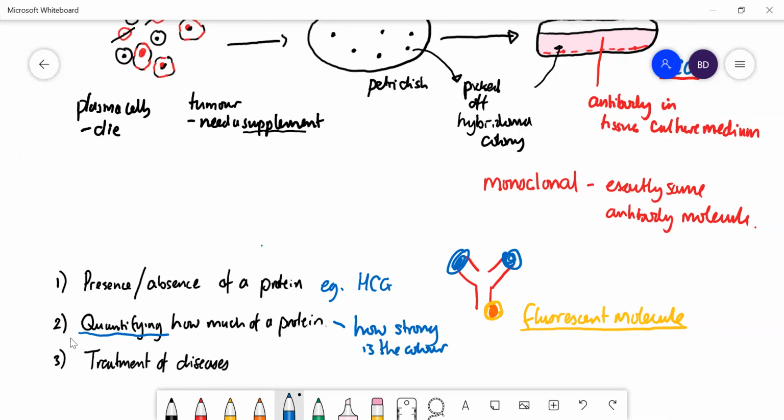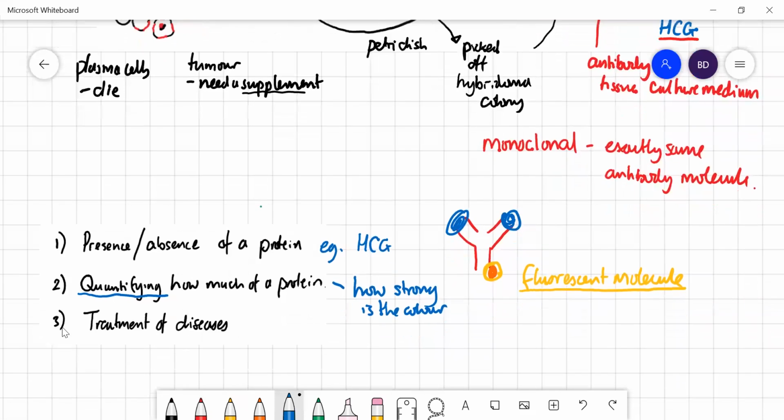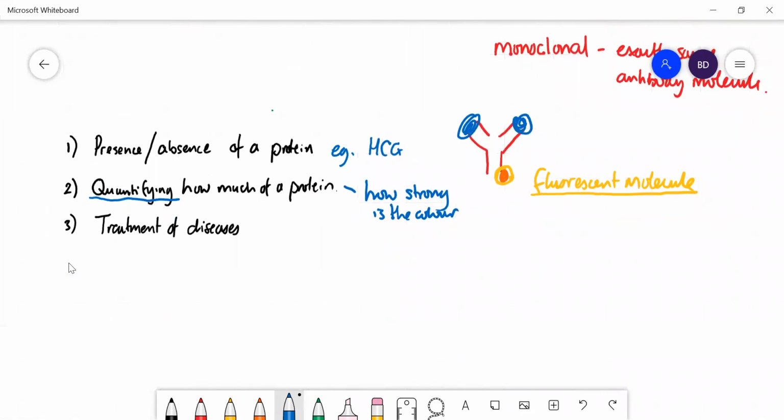Okay, and finally, monoclonal antibodies can be used in the treatment of diseases. A good example, they're predominantly used in treating cancers. Okay, so we'll talk about one called Herceptin, which is in the news quite a lot because it's very expensive, and that's used for treating breast cancer.